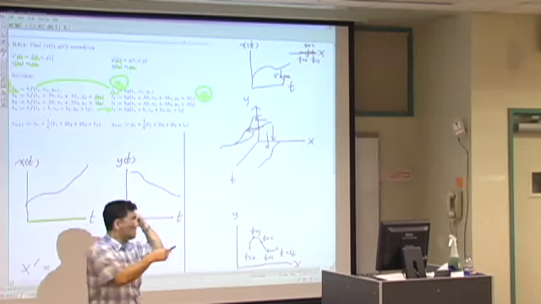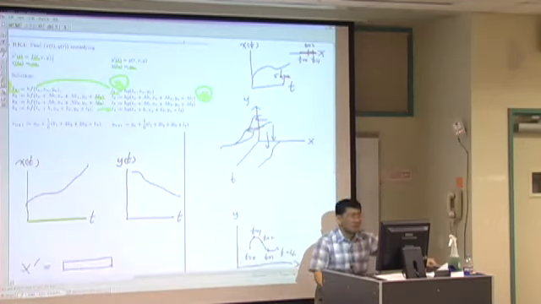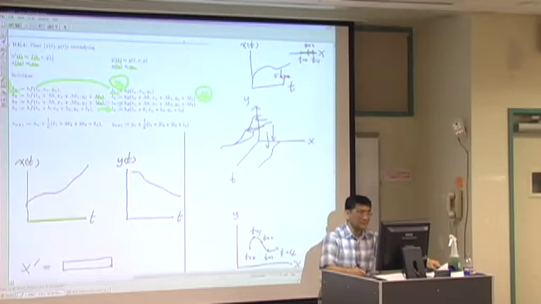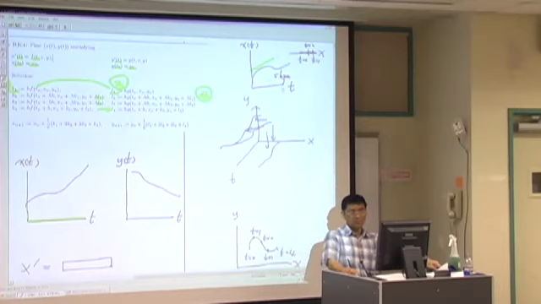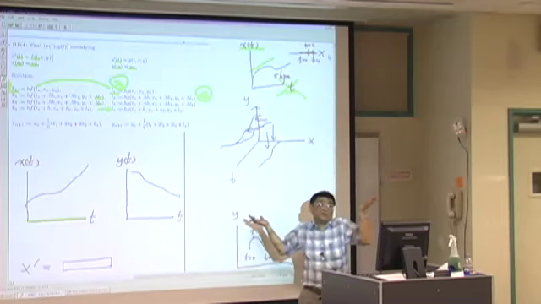X prime in this kind of graph represents the slope of this curve, right? This is X prime, if we use both independent and dependent variables together. But if we don't write this, only the x-axis is given and time is specified, then where is the slope?